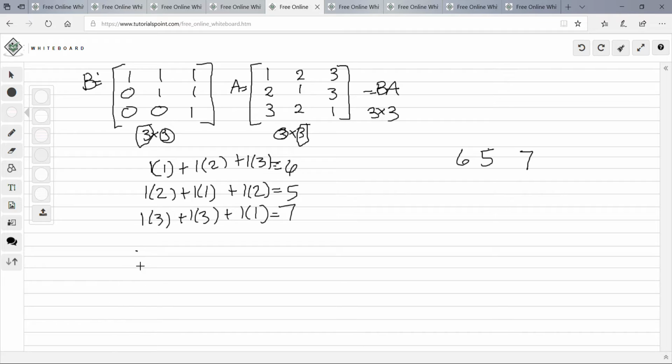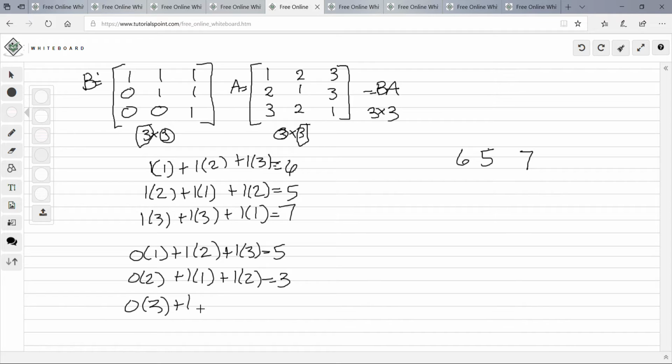So it's going to be 0 times 1 plus 1 times 2, and then plus 1 times 3, that is 5. And then I'm going to multiply 0 times 2 plus 1 times 1 plus 1 times 2, and that's going to be 3. I'm going to multiply 0 times 3 plus 1 times 3, and then 1 times 1. That equals 4. So it's going to be 5, 3, 4.